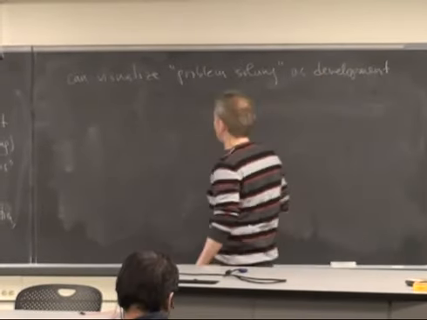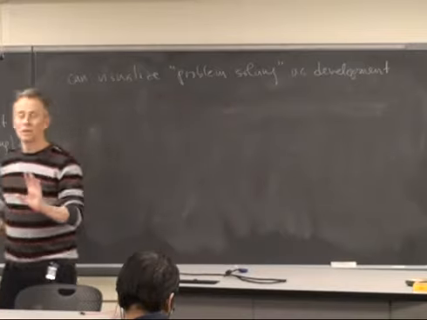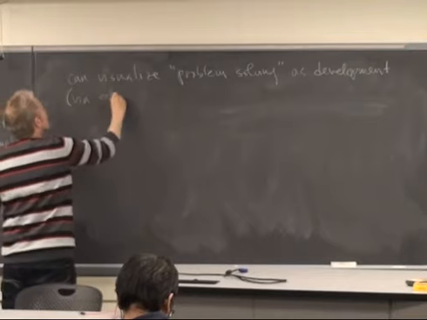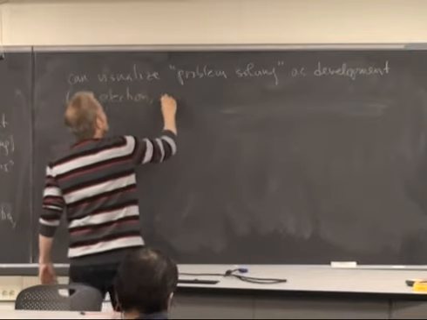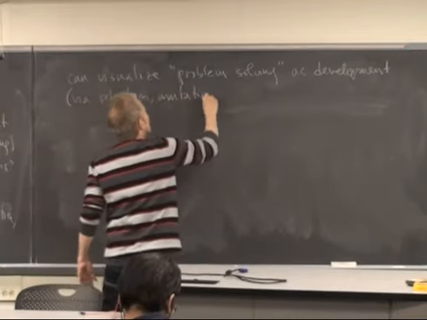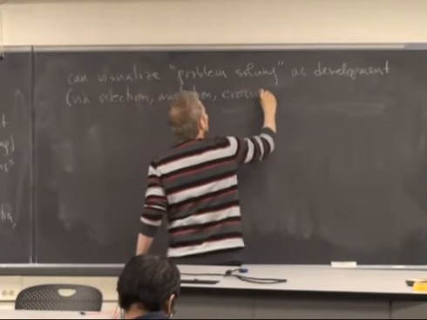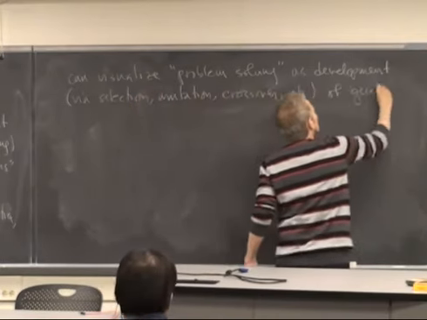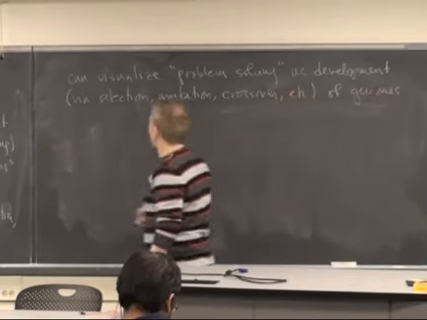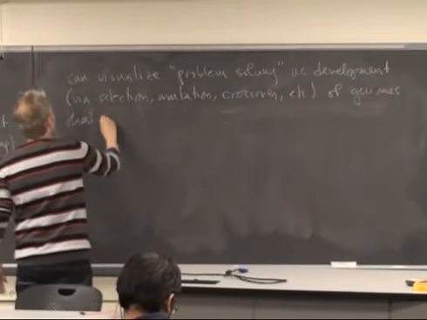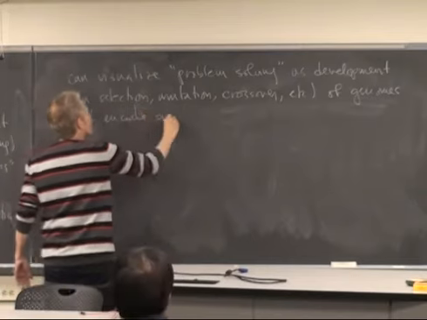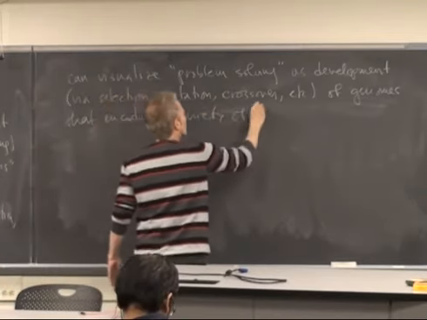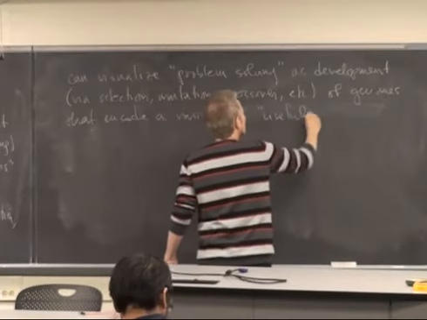When I say development, I'm not using it in the technical biological sense. I'm using it in the following sense: development via selection, mutation, crossover, etc., of genomes that encode a variety of quote-unquote useful proteins.